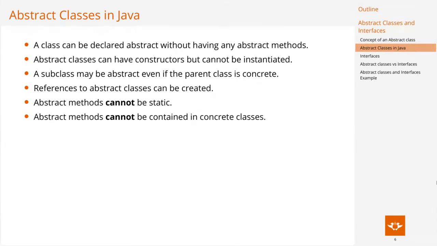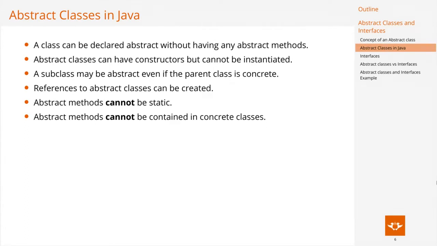A subclass can be abstract if the parent class is concrete. So concrete basically is the antonym of abstract. It's a class that has implementation. And this has to be true because every class has an ancestor class called Object. Object is not an abstract class.